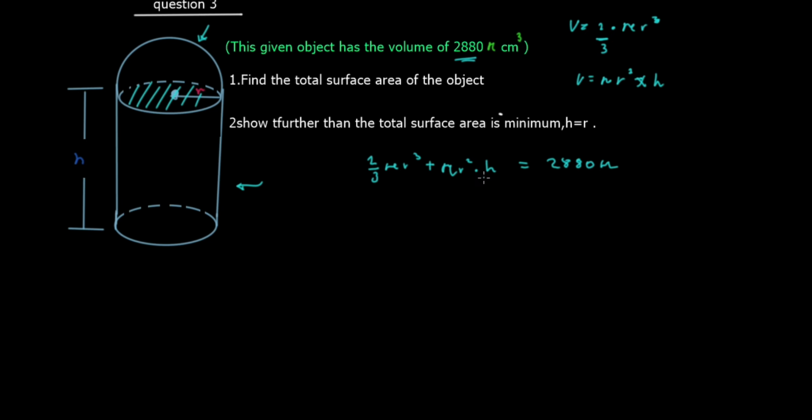Now let's solve for h, because we want to make everything in terms of radius, or r. Let's take this to the other side. Pi r squared multiplied by h equals 2880 pi minus 2 over 3 pi r cubed.